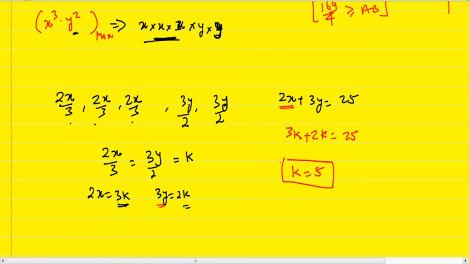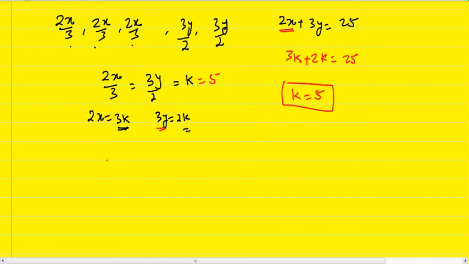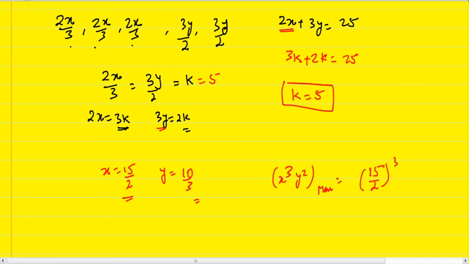Now please observe, if you have the value of k, your job is done here. x is equal to 15 by 2, y is equal to 10 by 3. For these values, the product is maximized by default. So 15 by 2 cube multiplied by 10 by 3 square, your product is maximized.